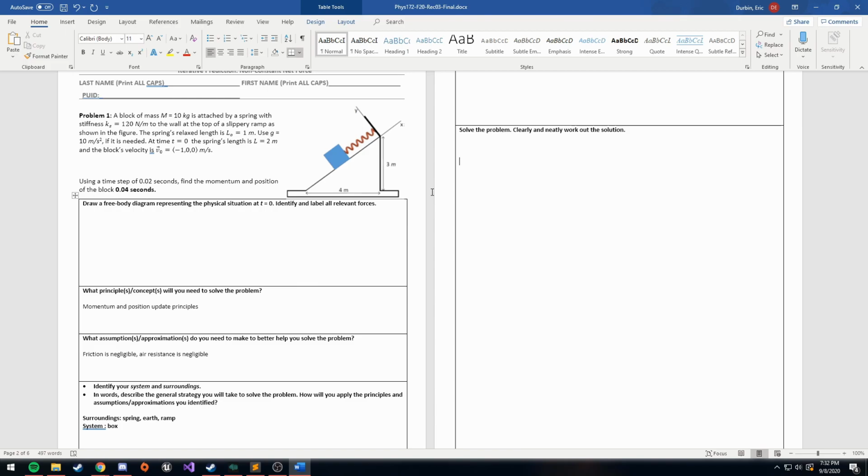Because cosine 30 is adjacent over hypotenuse, and the adjacent is going to be in the x direction. So doesn't that give you gravity in the x direction? Cosine 30 times mass times gravity, so 10 times 10 times cosine. Does that make sense? Yeah.